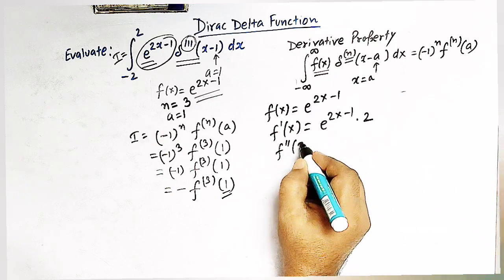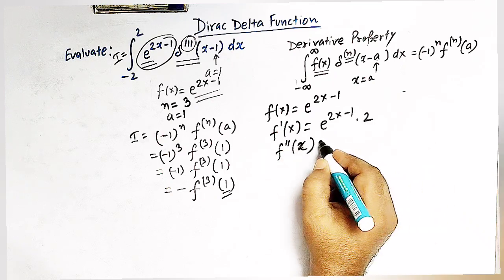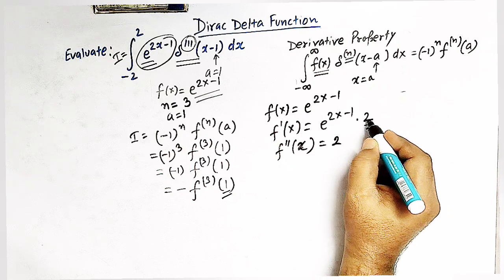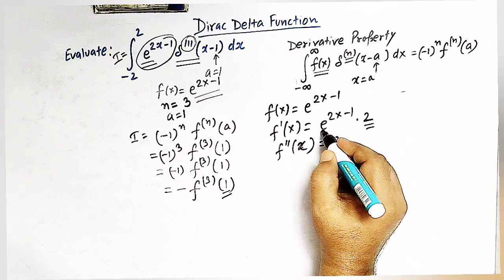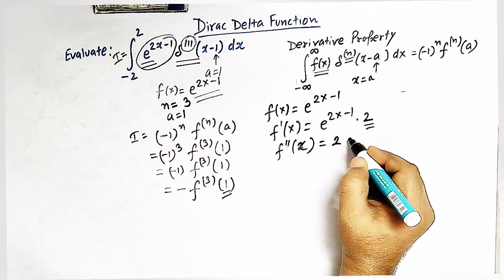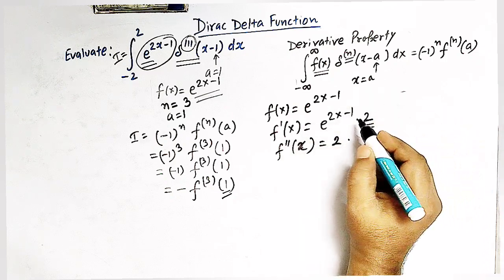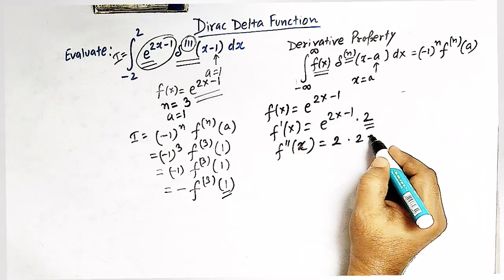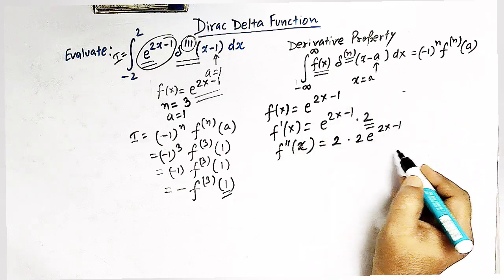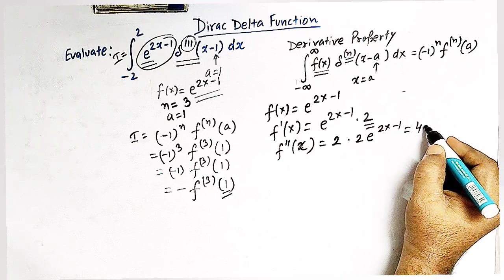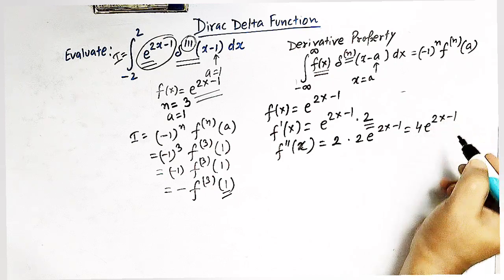The second derivative is given by here we have this factor 2, and then we differentiate e raised to 2x minus 1. So the derivative is 2 times e raised to 2x minus 1. So this is 4 times e raised to 2x minus 1.